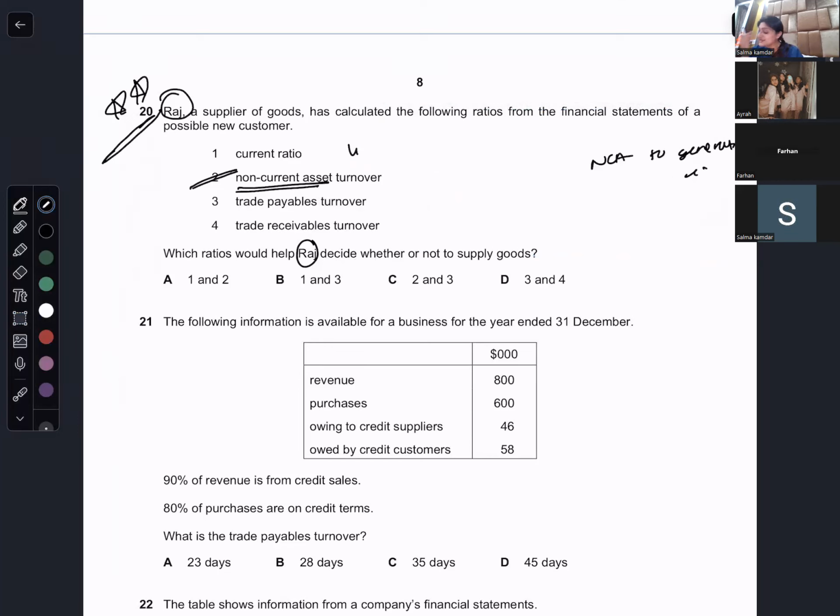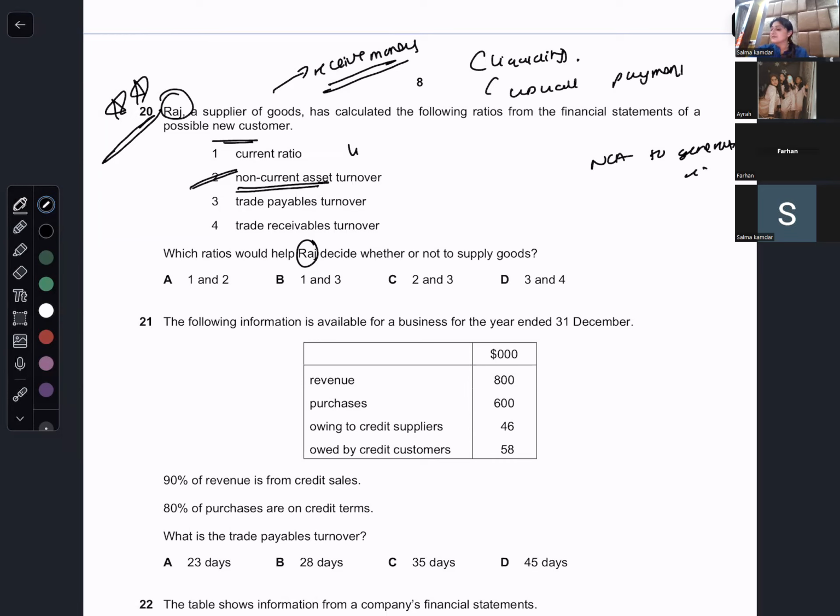But the supplier wants to know whether he will receive money or not. So if he wants to know whether a new customer will pay him or not, he will look at his liquidity and at his usual payment period to suppliers.